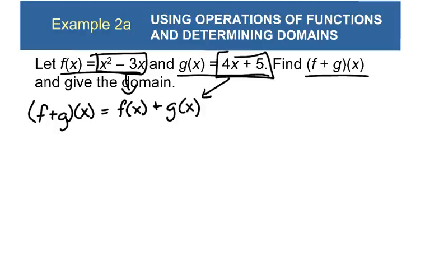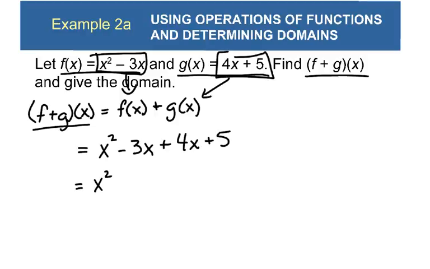I'm going to take that, plug it in for here. And out will be my new function: x squared minus 3x plus 4x plus 5. Now, simplify this by combining any like terms, and we end up getting x squared plus x, because these are like terms that combine to x, plus 5.